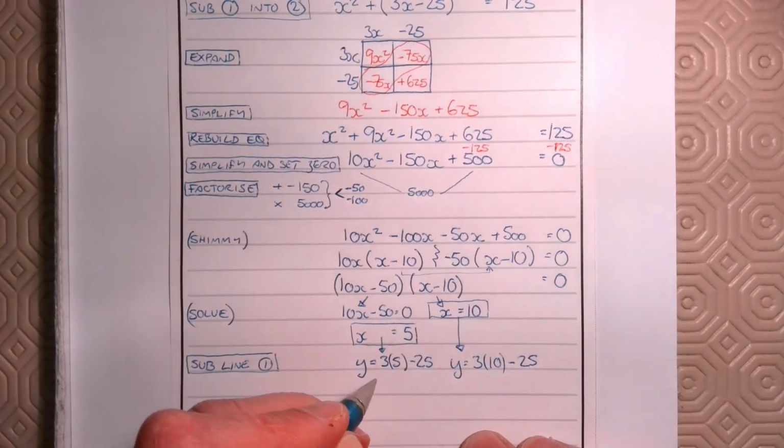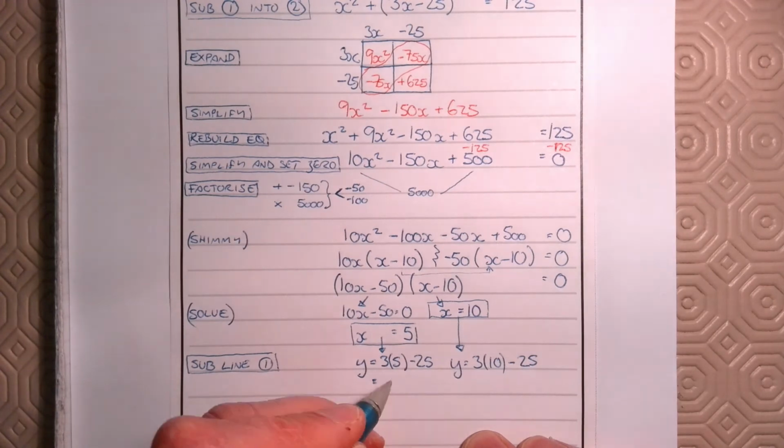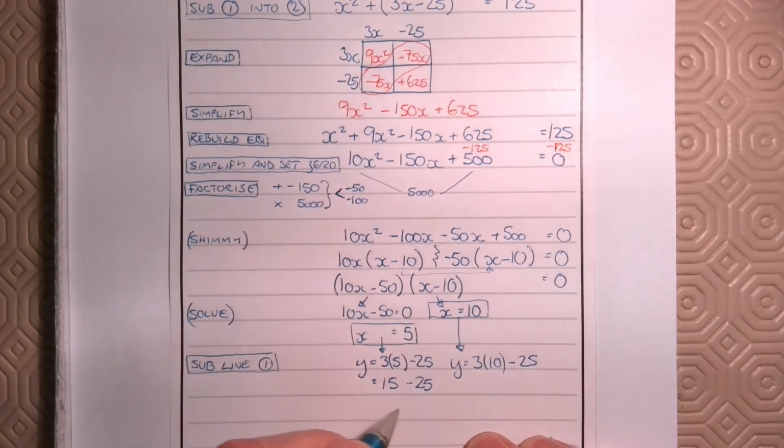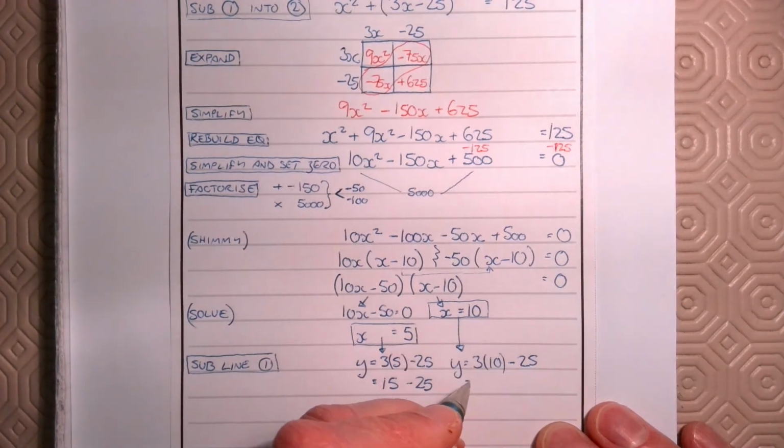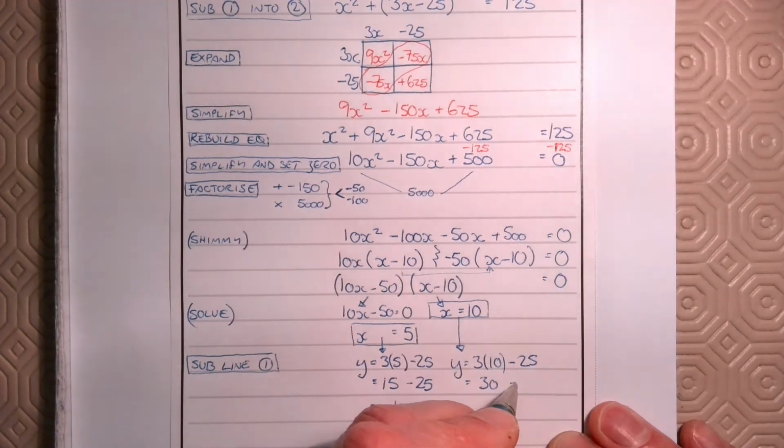So that equals 15 take away 25, which means that y is minus 10. And here, this is going to be 30 take away 25, which means that y is going to equal 5.